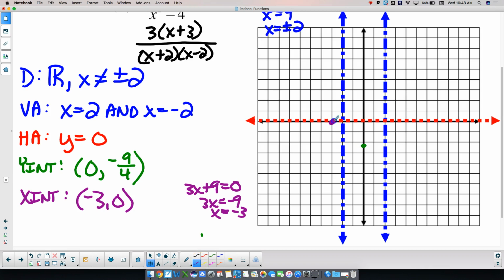Negative 3, 0 is right there. Okay, so there we go.